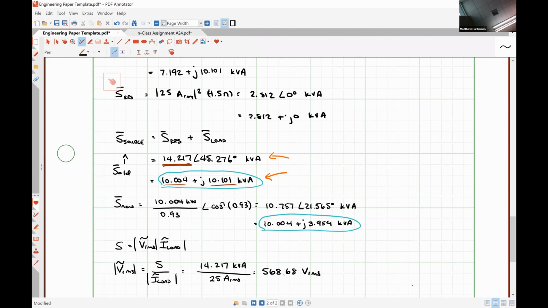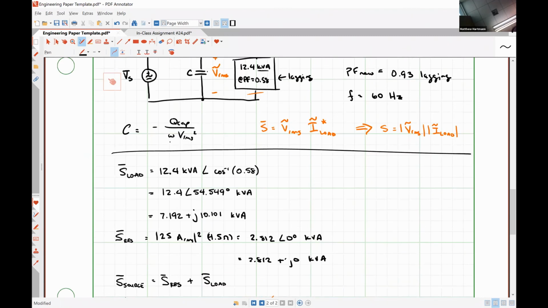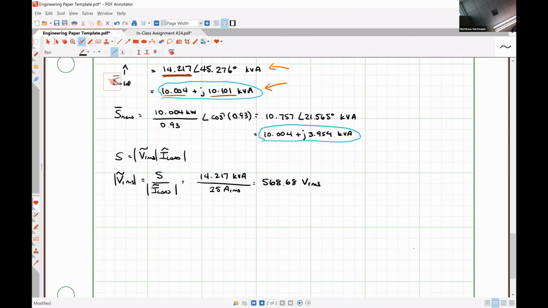So what else are we missing? So we can figure out omega. It's going to be 120 pi. We know what VRMS is. Q cap is just the reactive power absorbed by the capacitor. So that is effectively just S new minus S old divided by j.